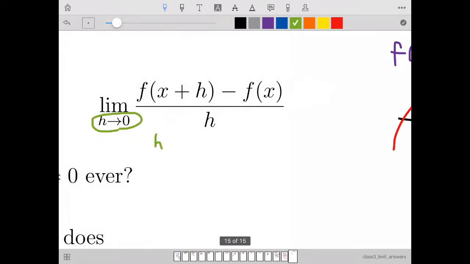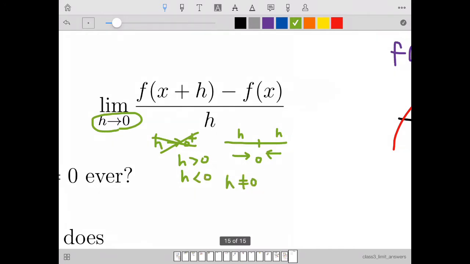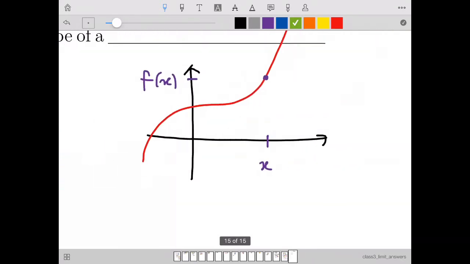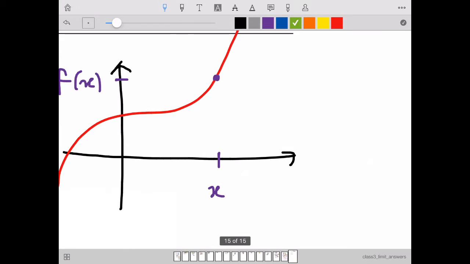So it didn't say h approaching 0 plus, right? It says h approaching 0. So h can approach 0 from the right of 0 or from the left of 0. So h itself can be positive or it can be negative, but h is never equal to 0 because it says h approaches 0. So coming back to here, if h is positive, let's say this is h, then this point will be x plus h.